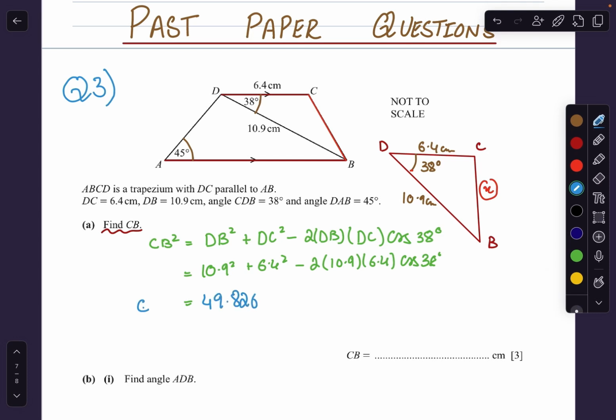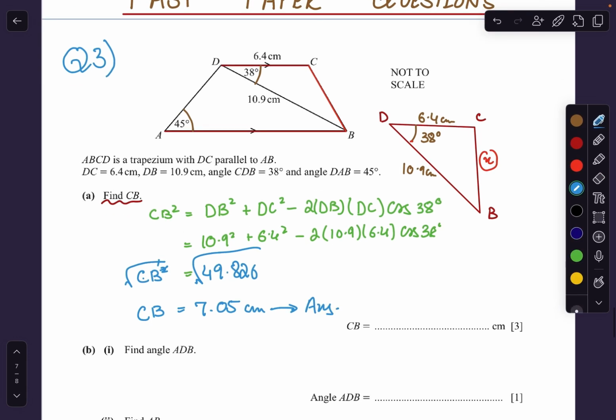That's going to be CB square. Taking the square root on both sides to cancel the square, the length of CB equals 7.05 centimeters. So 7.05 is the length of CB. That's the solution for this question.